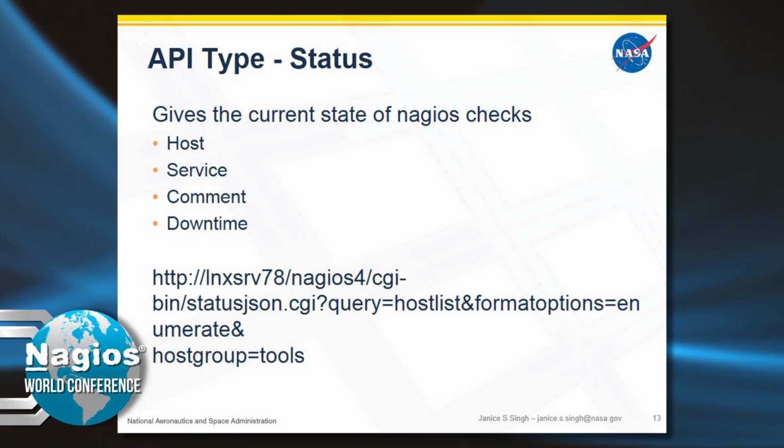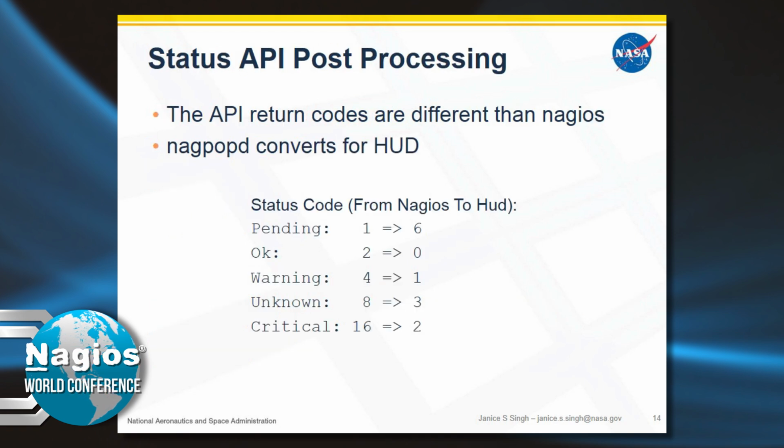And then there's that enumerate part, because when you get an output in Nagios, if you've ever written a plugin or you're familiar with that, you know that 0 is okay, 1 is warning, 2 is critical, and 3 is unknown. But the output you get from the API seems to be based on binary, so the numbers are going to be different.